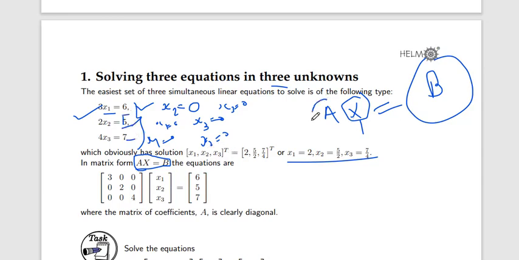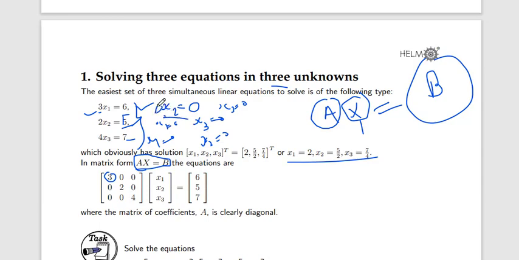And how do we write matrix A? First of all, what is the coefficient of x1? Here 3. Coefficient means the multiplier. What is the coefficient of x1? 3. Then, in the first linear equation, what is the coefficient of x2?